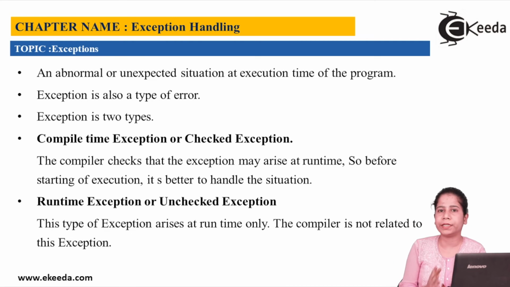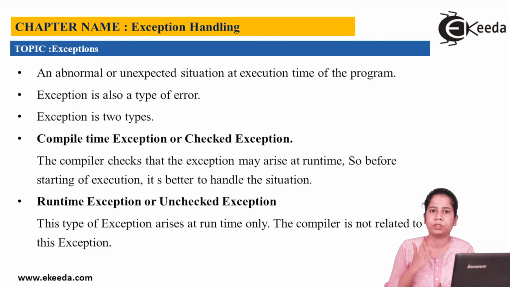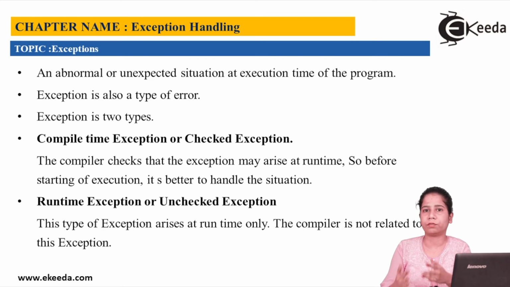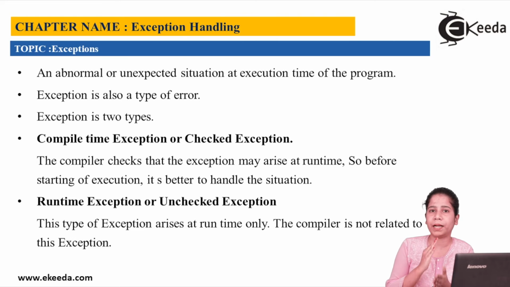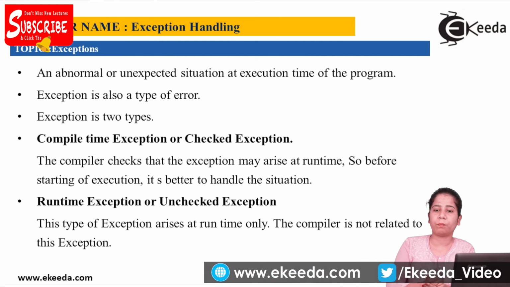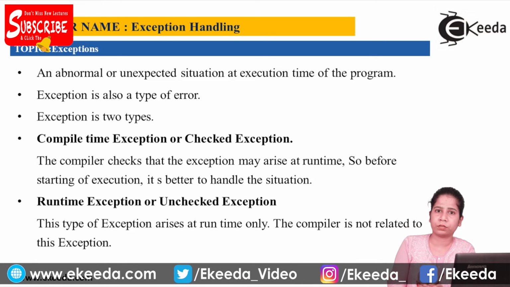For example, whenever you're dealing with files, your compiler will not allow you to compile your program until you give an alternate handler for files. That means if the file is not there, what should be done? That exception has to be handled. See, the exception may not occur, but still at compile time itself you have to give a proper solution for such types of errors.